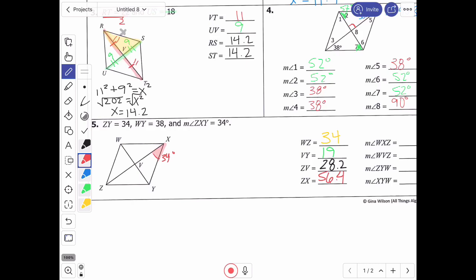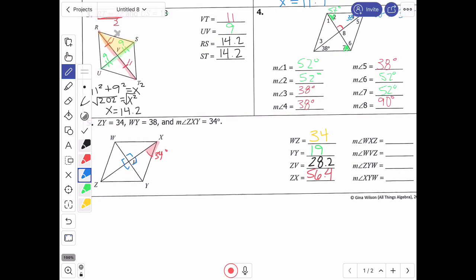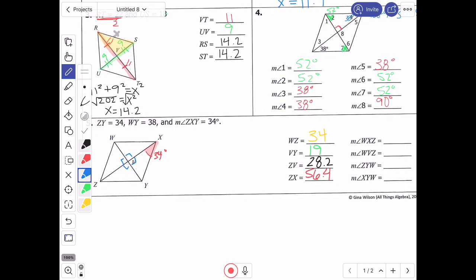I'm actually given more angles than that. Reminder that these are all 90-degree angles in the middle here, where those diagonals are bisecting each other. And then also, since the diagonals are bisecting all of these angles, that means this angle, and this angle should all be 34 degrees as well. So that might come in handy.